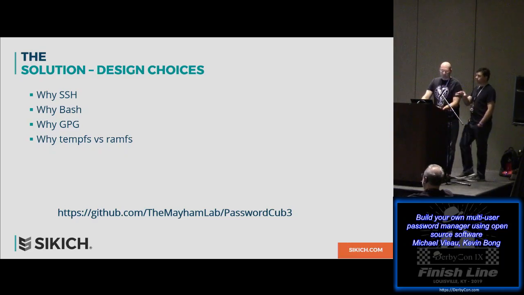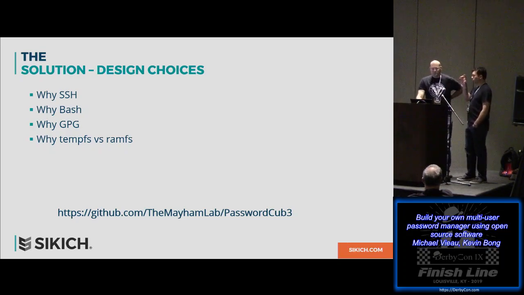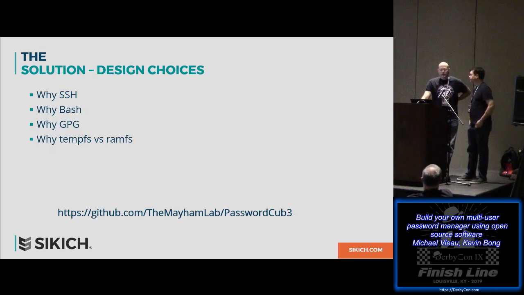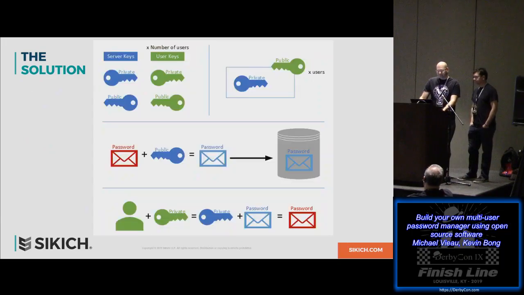So at that step in the process, we create a very small TempFS disk drive, write the server's private key to it, use it with GPG, and then wipe it and get rid of that TempFS. Yeah, so anything that's actually stored on disk is always encrypted. It only gets decrypted in the TempFS.